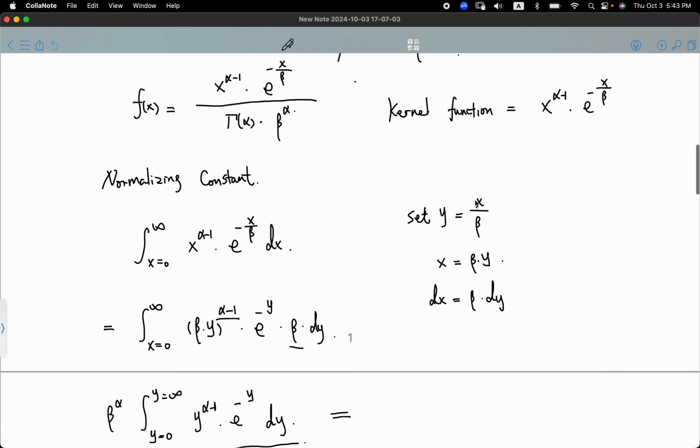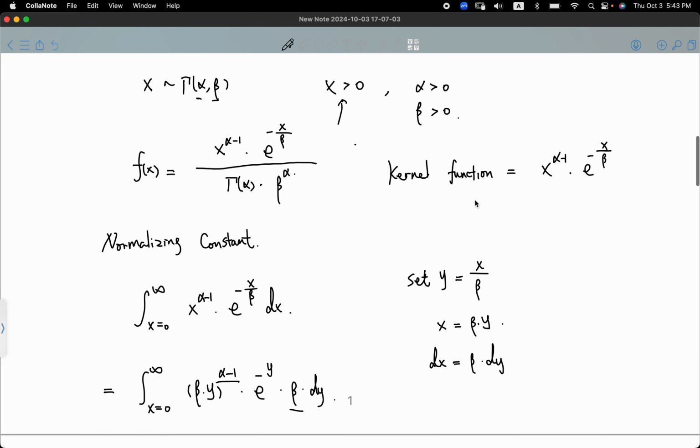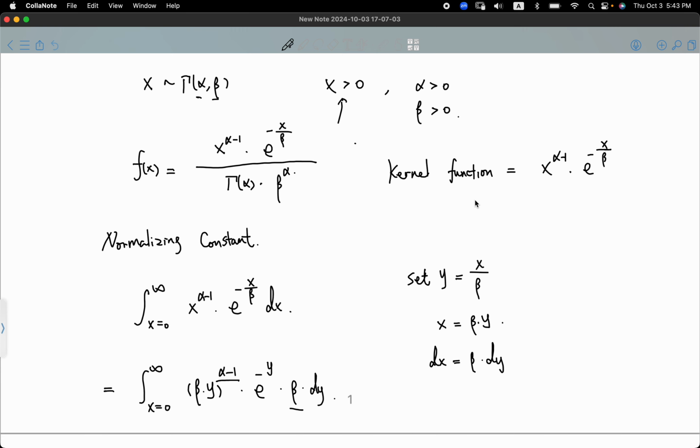So here I would just like to make a distinction between this notation here. When you describe a random variable or a probability distribution, you write this gamma notation. If you want to do it in LaTeX, this is an uppercase Gamma and then a backslash, something like that.